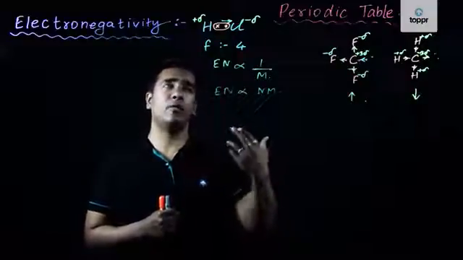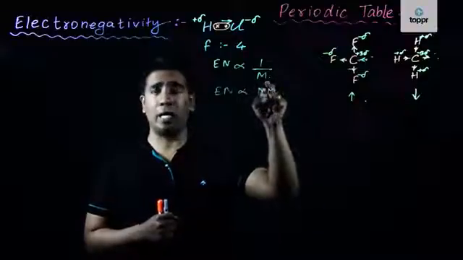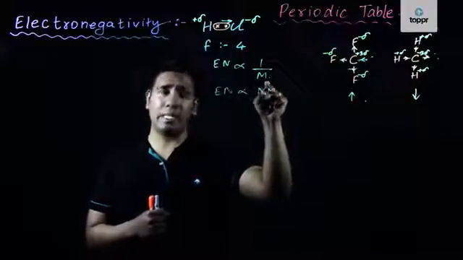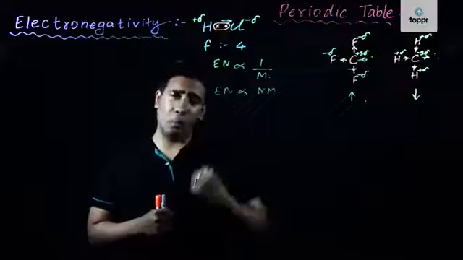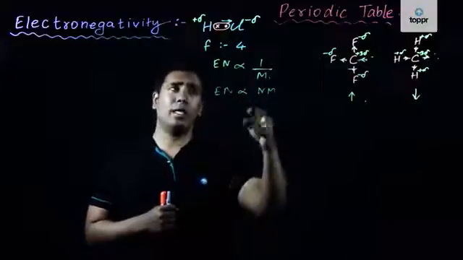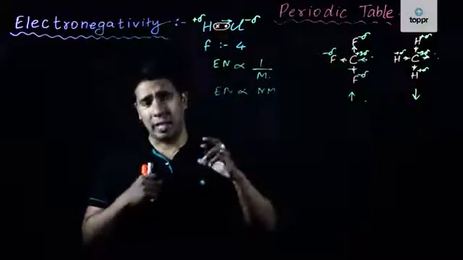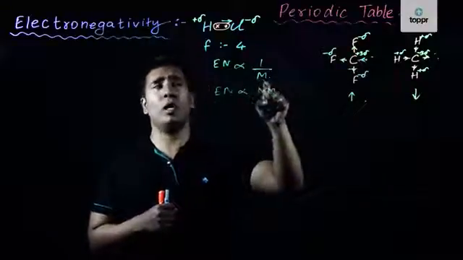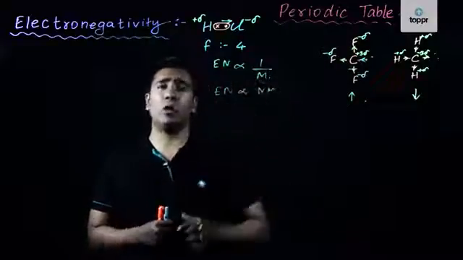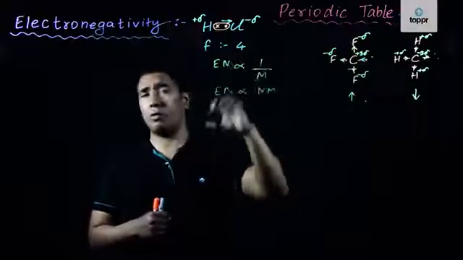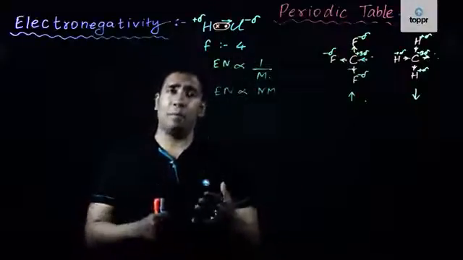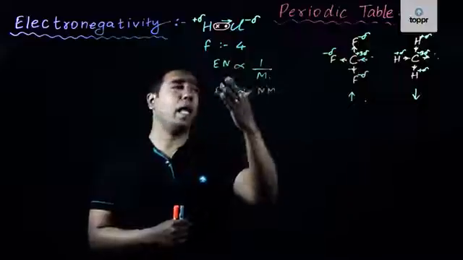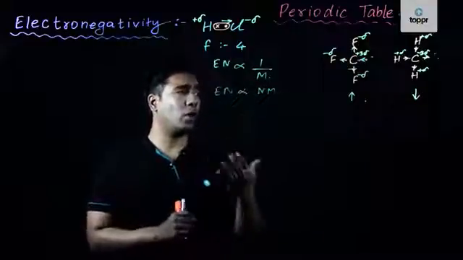Hence, when the metallic character is more, the electronegativity is less. In the case of metallic character, the tendency of giving away electrons and forming positively charged ions is much more, which is exactly the opposite behavior of electronegativity. So this is the conclusion that we can draw when we compare electronegativity with metallic character as well as with non-metallic character.